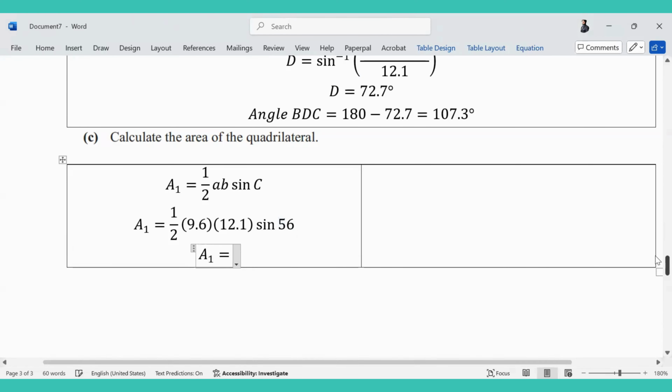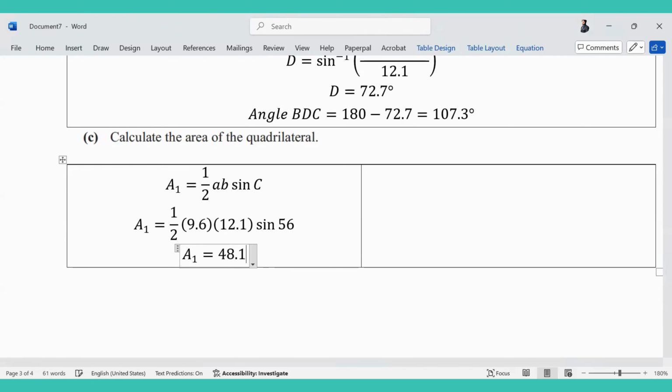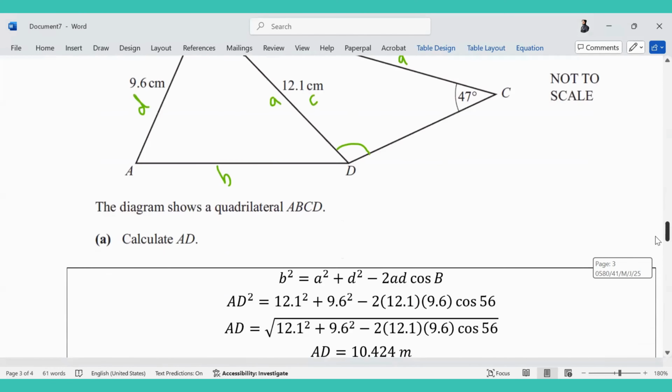This will give me the area 1, which is half into 9.6. You can use brackets or the multiplication sign into 12.1 into sine of 56, 48.15. Do not over round at this moment because you will have to add this.